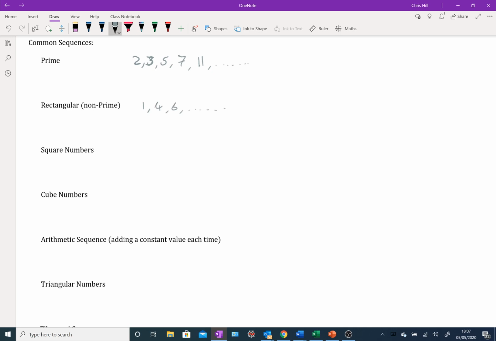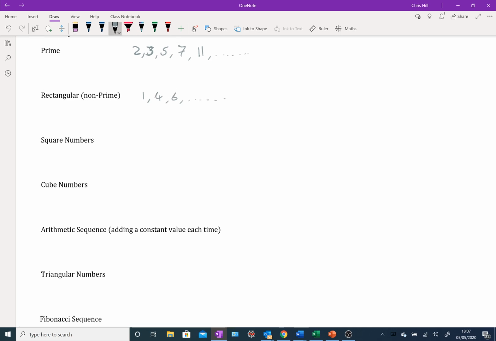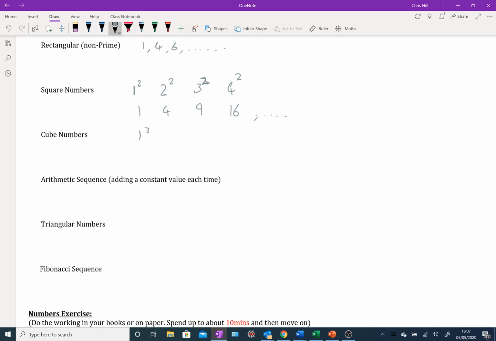Square numbers, well, that's just 1 squared, 2 squared, 3 squared, 4 squared, and so on. So that would be 1, 4, 9, 16, etc. Okay. Cube numbers, they are just 1 to the power of 3, 2 to the power of 3, 3 to the power of 3. They can get quite big quite quickly.